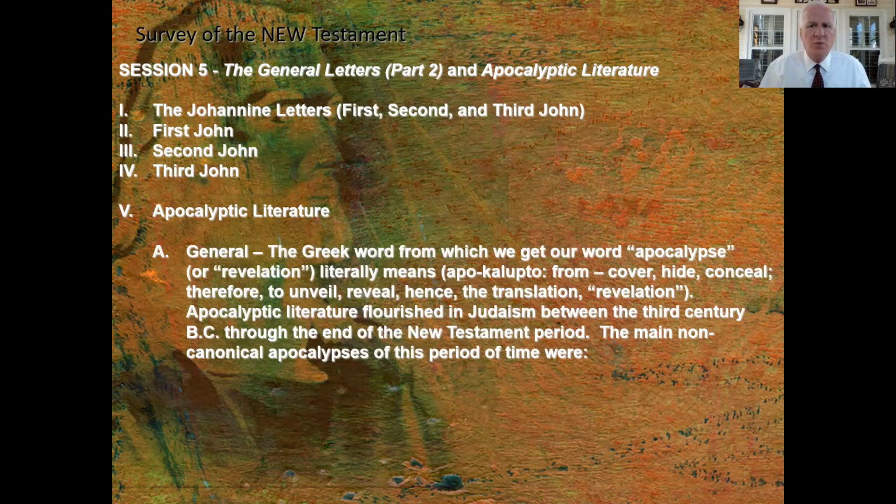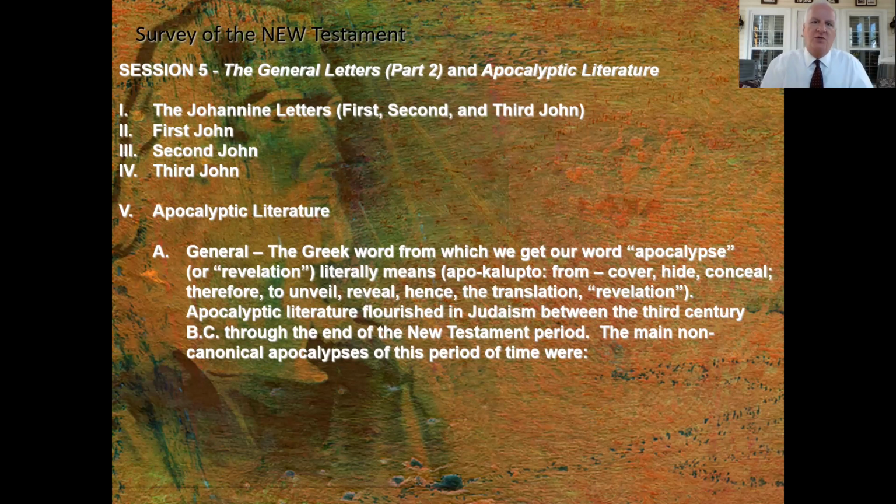The Greek word from which we get our word apocalypse, usually translated revelation, hence the title of the book, comes from two Greek words, apokalypto, apo meaning from, kalypto meaning cover, hide, or conceal. So the word apocalypse means to uncover, to unhide, to unveil, to reveal, to take the cover away from.